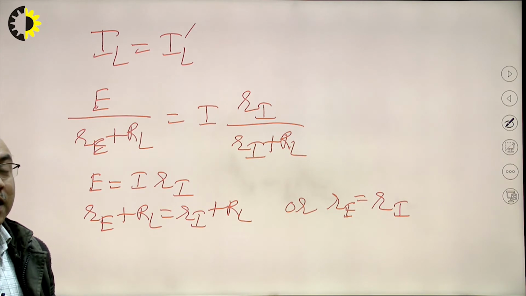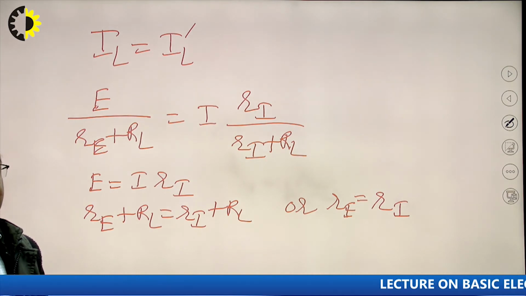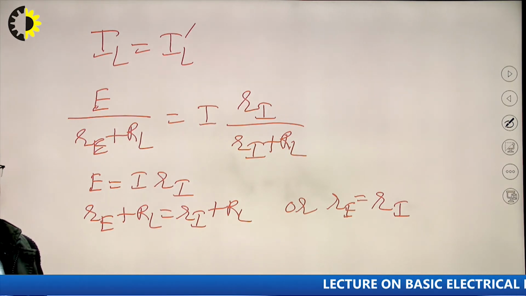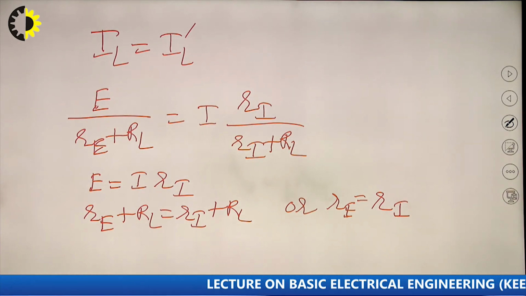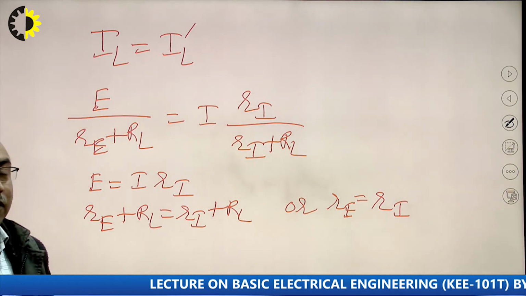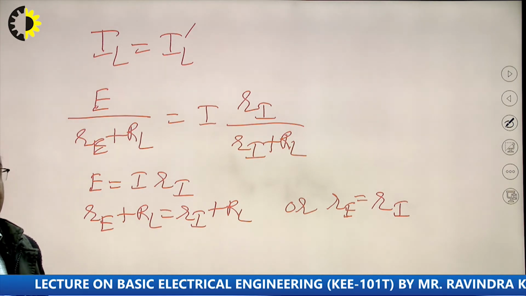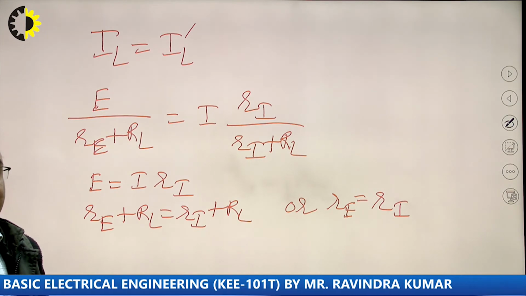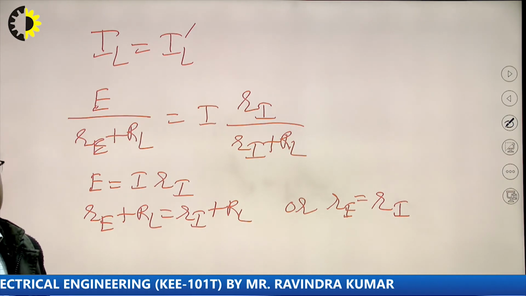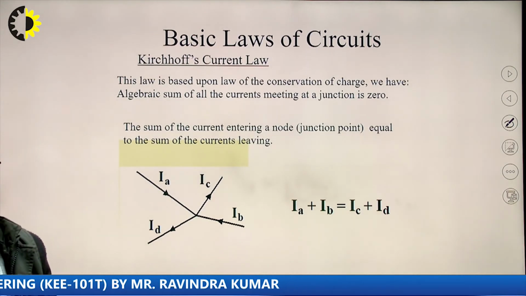Then only this conversion is possible. So, it is not applicable for ideal voltage and ideal current sources. That way we convert the voltage source into the equivalent current source or vice versa, and by doing so, many times in complicated cases in the circuit, we simplify the circuit with the help of it.